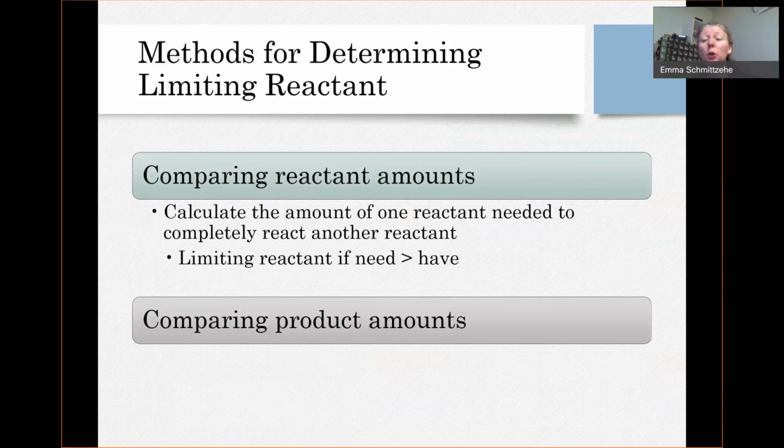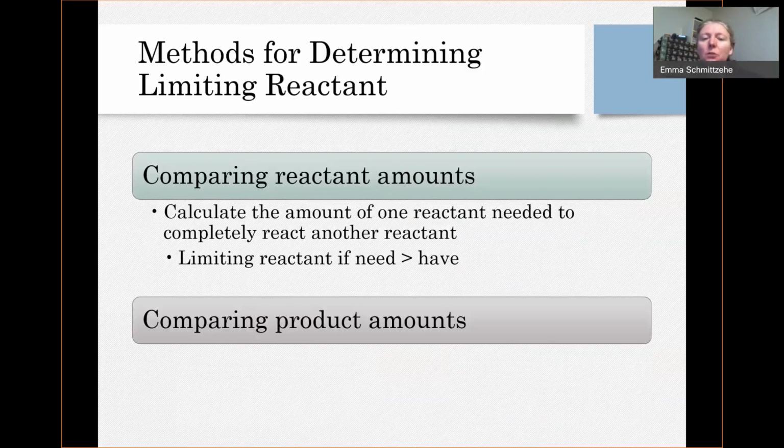If you're given an amount of substance A and an amount of substance B, you could take substance A and calculate how much B is needed, and then compare how much you determined you need with how much you actually have of substance B. That would tell you whether B is your limiting reactant.